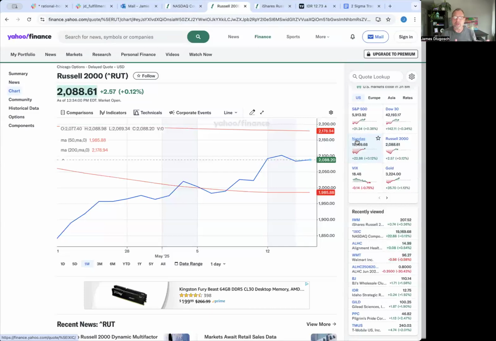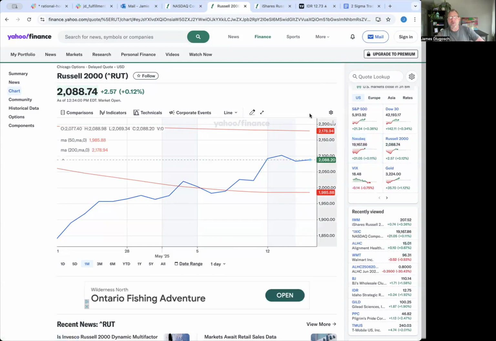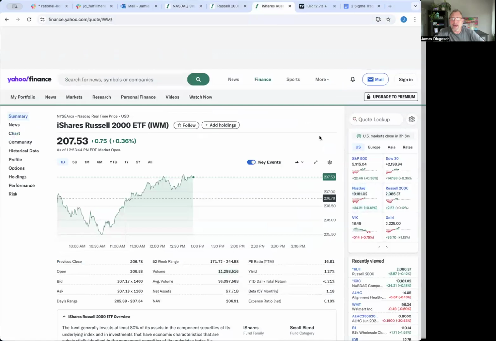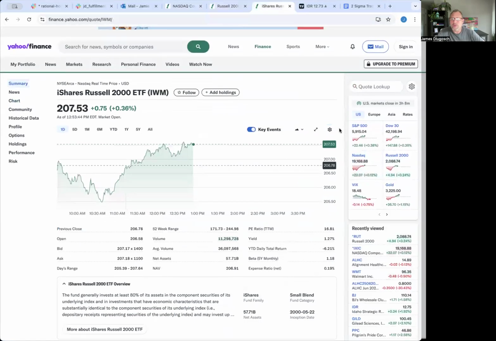Now, falling rates are extremely bullish for small cap stocks. So now I've got a couple of really strong data points telling me that there's an arbitrage opportunity in the Russell 2000. And just prior to the market opening, you had the IWM, which is where I was going to trade this arbitrage.